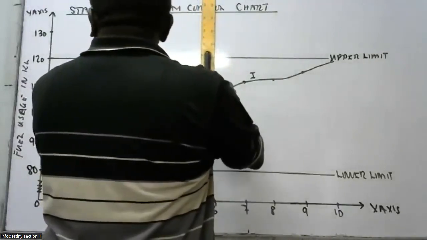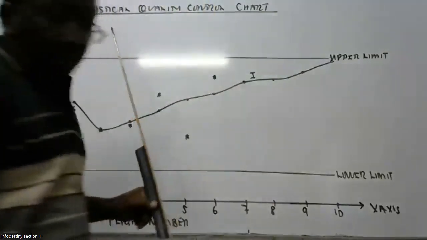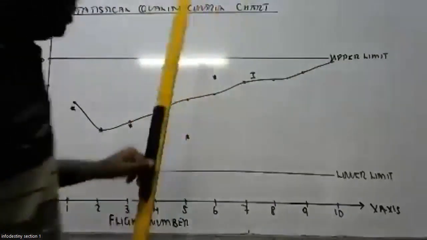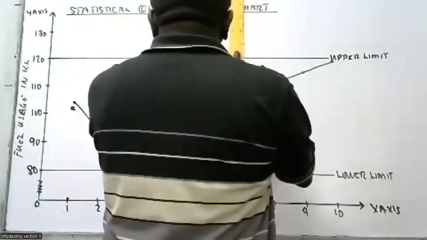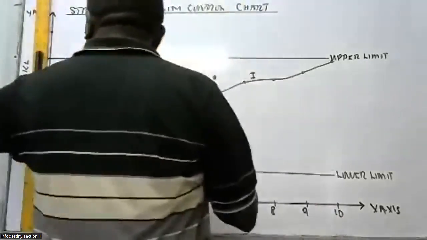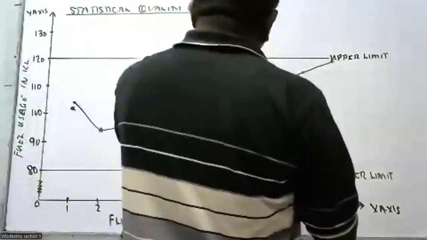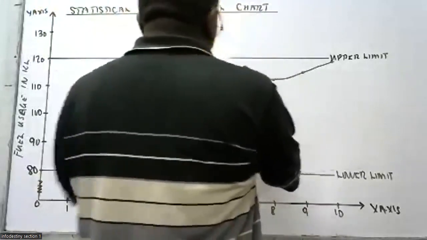So 110 is here. The next one is 99. So 100 is here, so 99 is here.